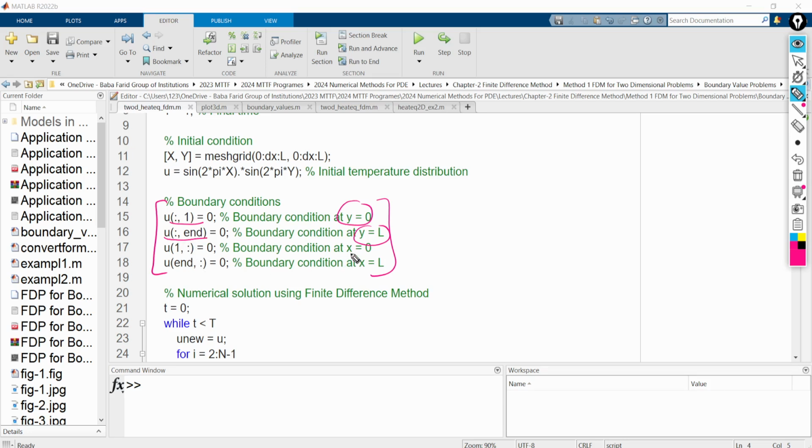Then for x equal to 0, we have u(1,:) equal to 0, and u(n,:) equal to 0. These are the boundary conditions. So by these equations, we can easily get every boundary value when t is greater than 0.